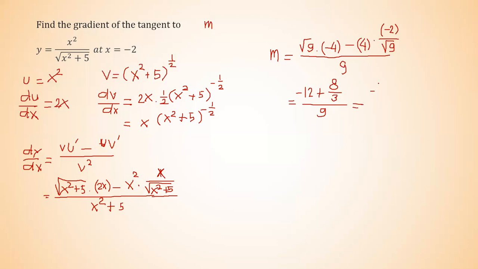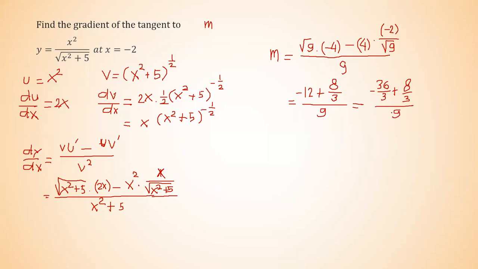And it becomes negative 36 thirds plus 8 thirds over 9.